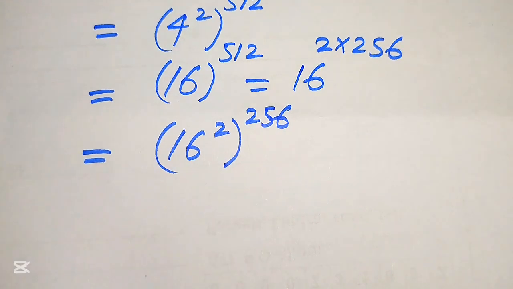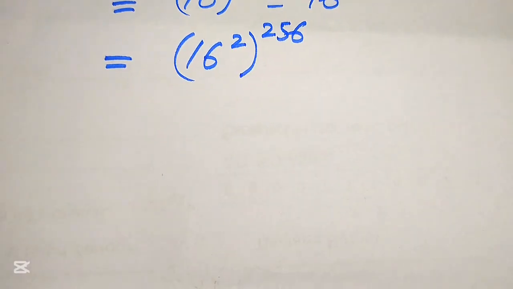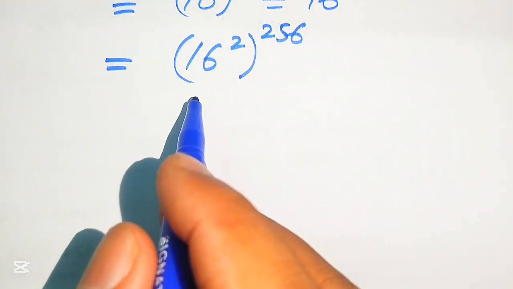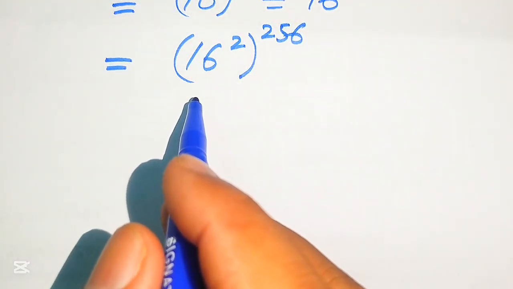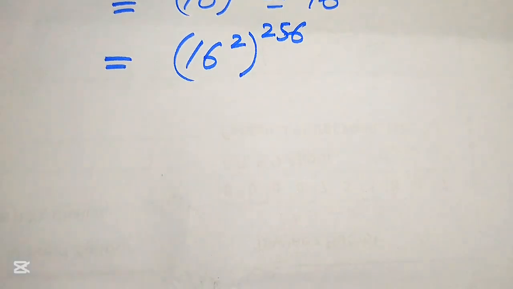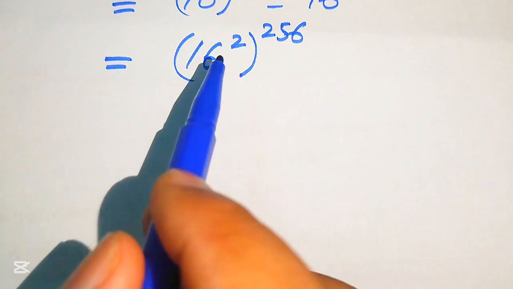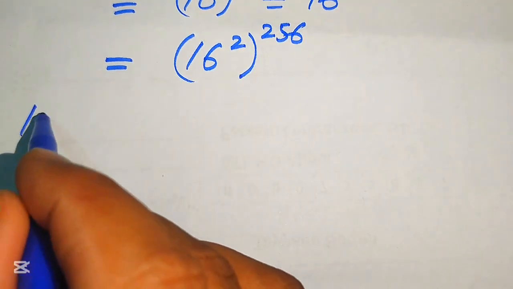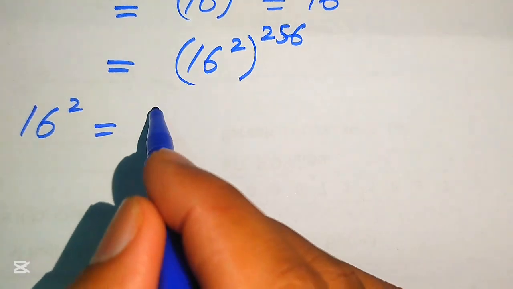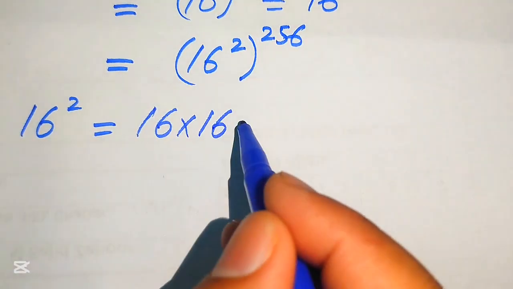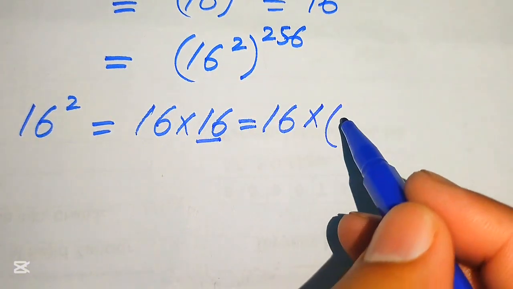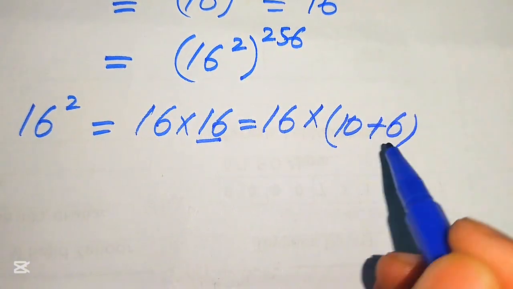Now we need to find the square of 16. In order to find the square of 16, we just write these terms in this form, because a calculator is not allowed in this problem, and some students cannot do this square directly. So for those students we can just do these steps. 16 squared means that we multiply 16 with 16, and we write this 16 as 10 plus 6.